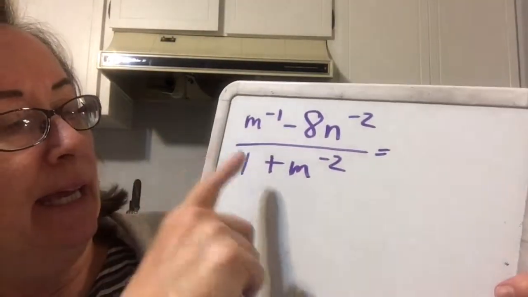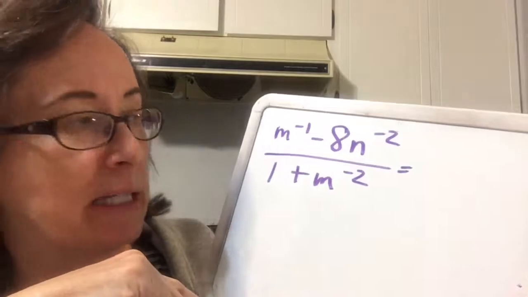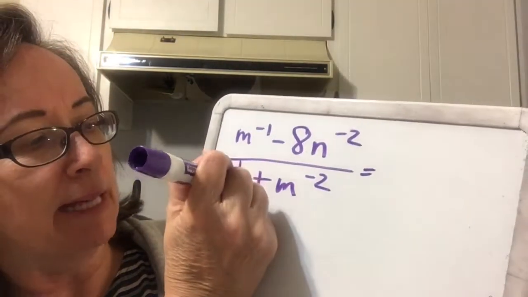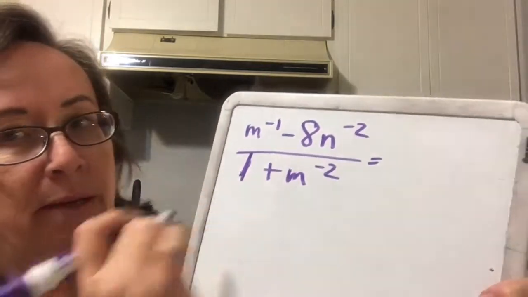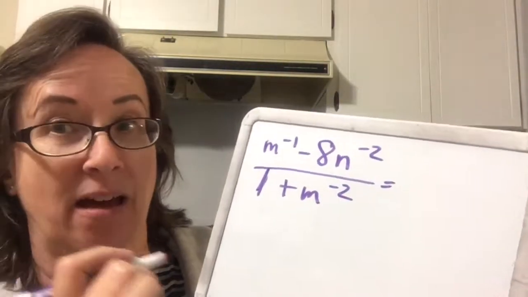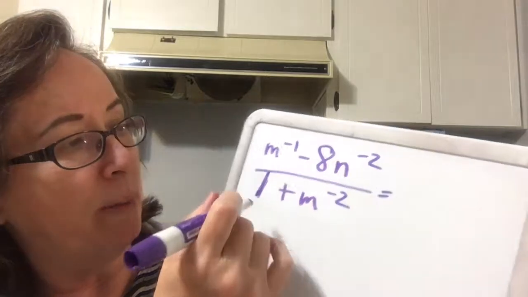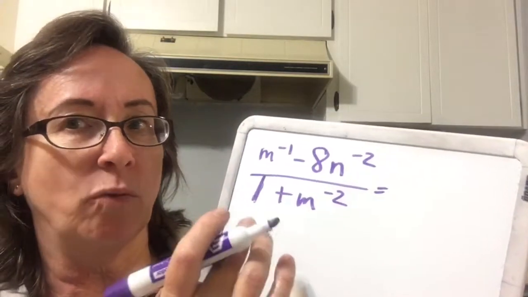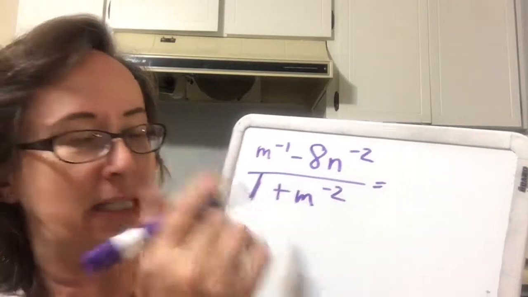This one is talking about those negative exponents. I showed you one like this in class. We are not able to move the m downstairs because m is not a factor. So what we have to do instead is go ahead and turn it into 1 over m right in its spot.